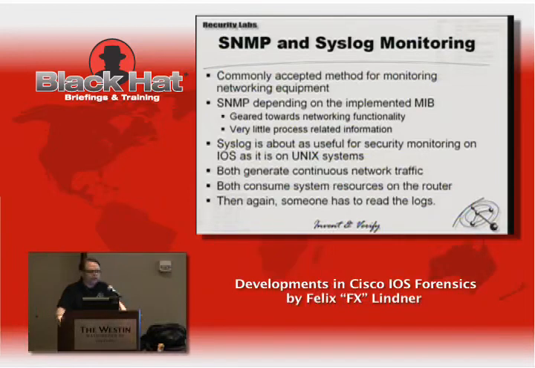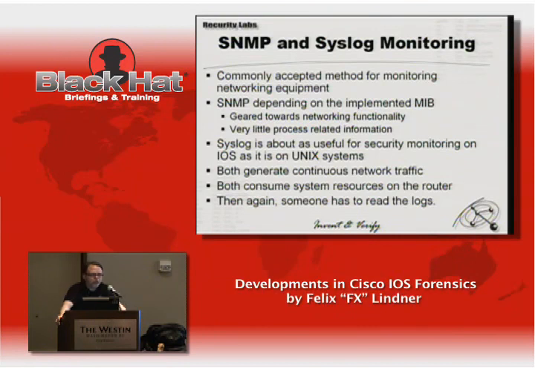And then SNMP and syslog monitoring. SNMP is commonly accepted as the method to manage and monitor your networking equipment. It depends on the implemented management information base. Like most of you have seen, there's a MIB, and the MIB describes what counters, strings, tables are provided to the management system over SNMP.